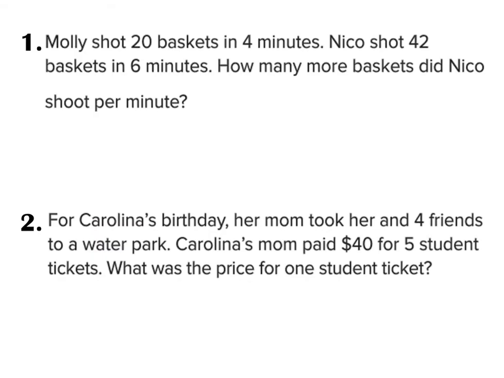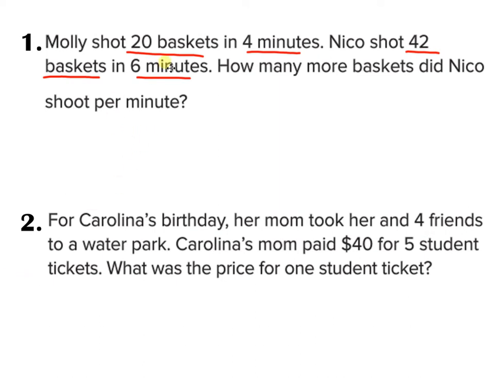All right, so let's talk about some examples that may not have to do with grocery shopping. So Molly shot 20 baskets in 4 minutes, okay? Nico shot 42 baskets in 6 minutes. How many more baskets did Nico shoot per minute?